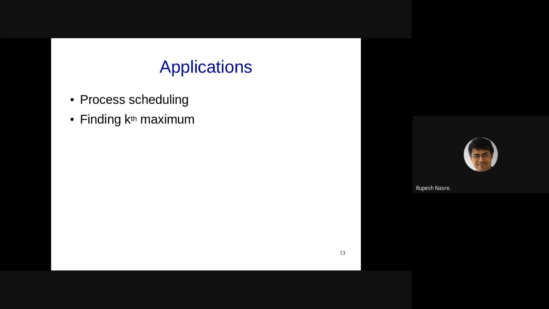There are some game theoretic guarantees on why that needs to be the second maximum, and there was a Nobel Prize related to that. But anyway, in that case the second maximum might turn out to be useful. In general, we can think about a kth maximum. For example, we might want to make some decision based on the kth maximum, because you have space for k elements. So you want to decide what is the kth maximum value, and depending upon that, you might want to make a decision.